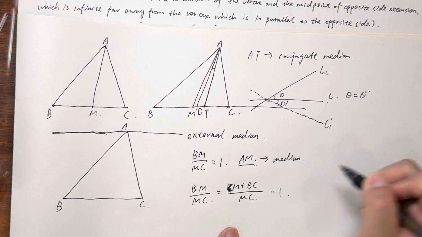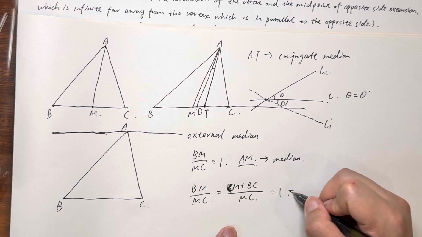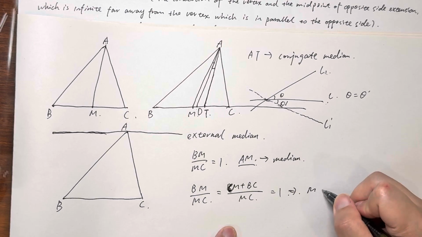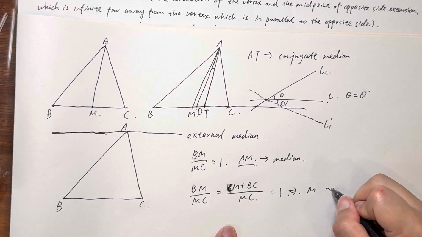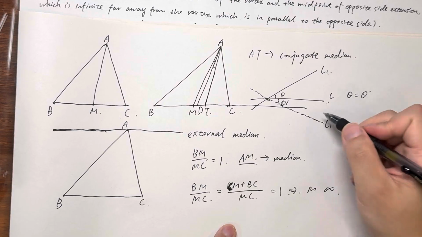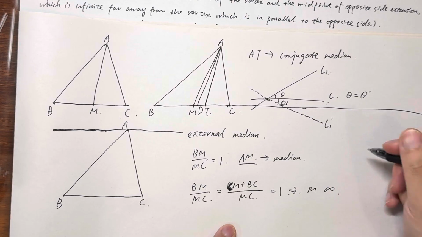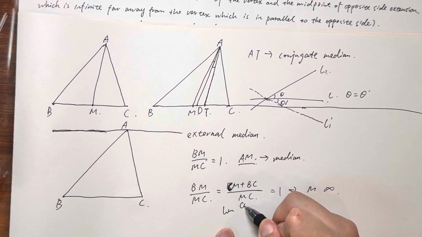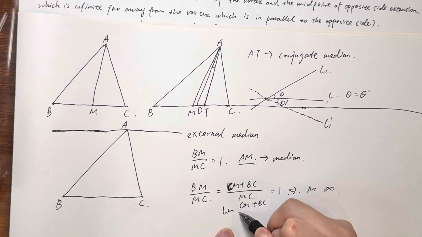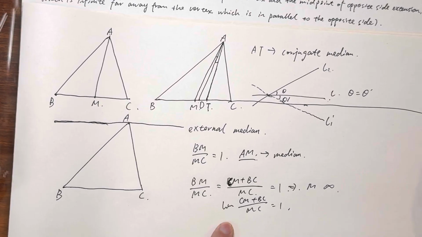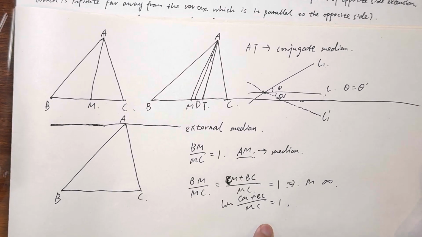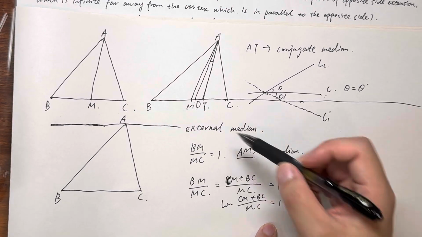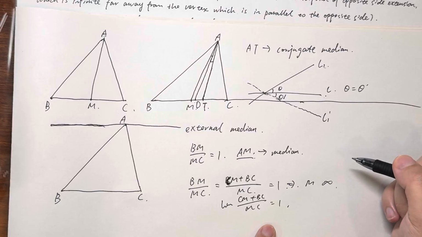And we want to force it to equal 1, which means M is at an infinitely far away point. Eventually this ratio equals 1, with M infinitely far away from BC.